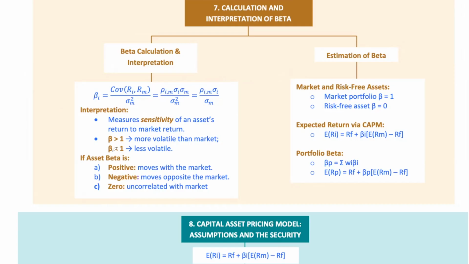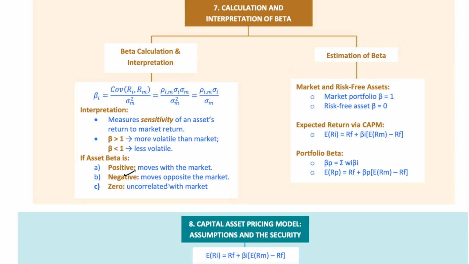Now, if you flip that logic, a beta less than 1 means the stock is calmer than the market. Think utilities, consumer staples, those steady names that don't jump around much. And a beta greater than 1 means it's more volatile, like Tesla, Nvidia, or small cap techs. If beta is 0, that's a risk-free asset. It doesn't move with the market at all.